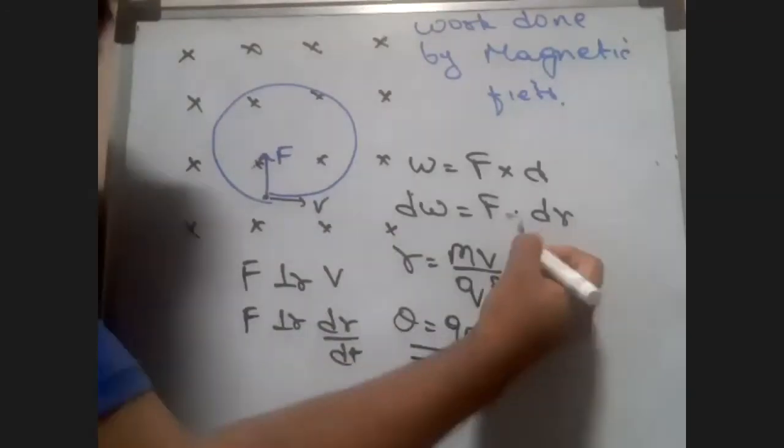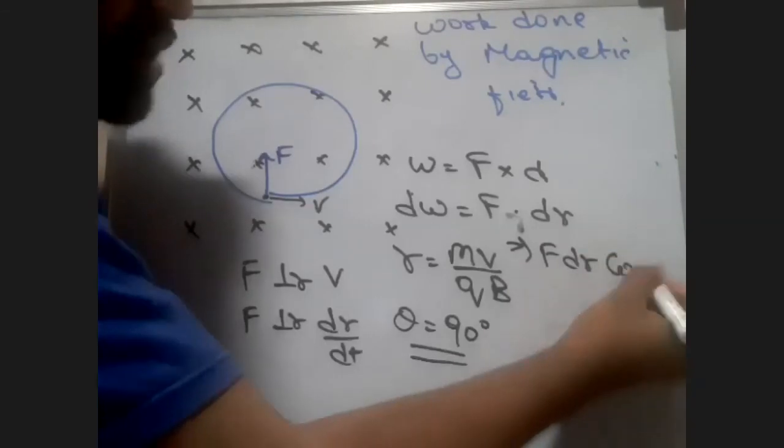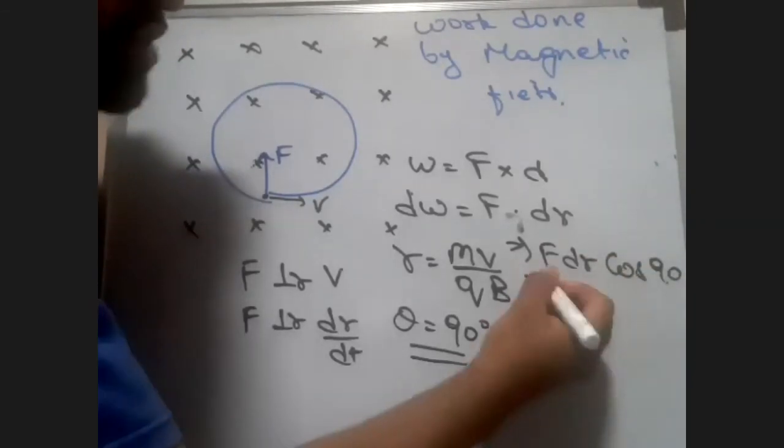And so what will be the work done then, students? F dot dr, F dr cos theta, F dr cos 90 degrees. So 0. What is cos 90?